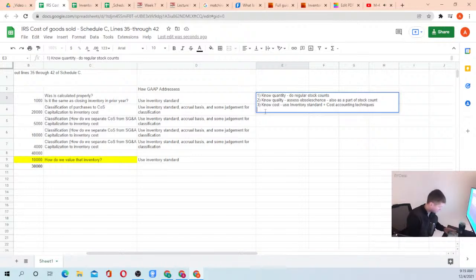And fourth, when we know cost, know NRV, net realizable value, selling price less cost to sell. If NRV is below cost, that means you need to write down.